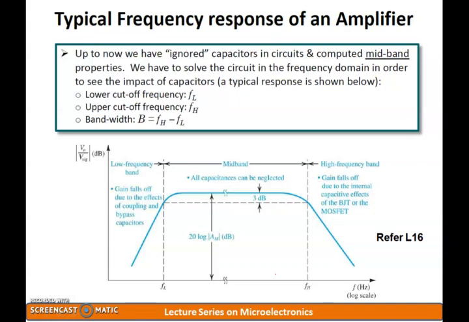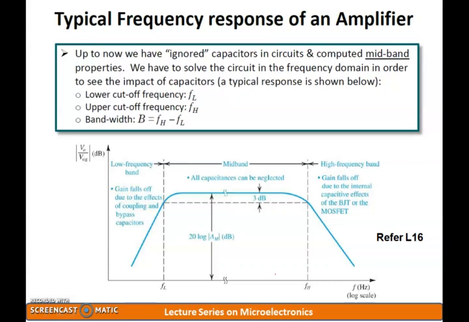If I know its FH, then I can say that up to this particular frequency my amplifier will act as a constant gain amplifier without any deviation, distortion or roll-off in its gain. Hence FH becomes very important to figure out the response of any particular amplifier configuration.